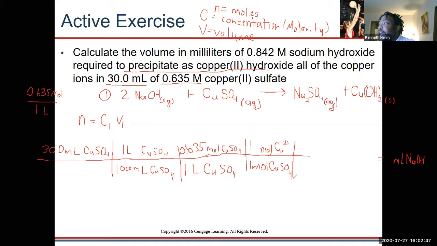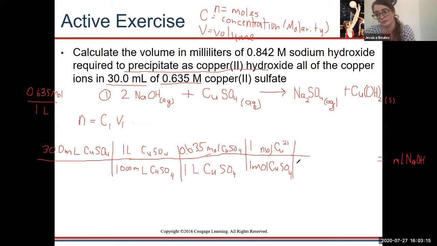Okay, so for every 1 mole of copper sulfate, how many sodium hydroxides do I need to balance out this particular ion? 2 to 1.